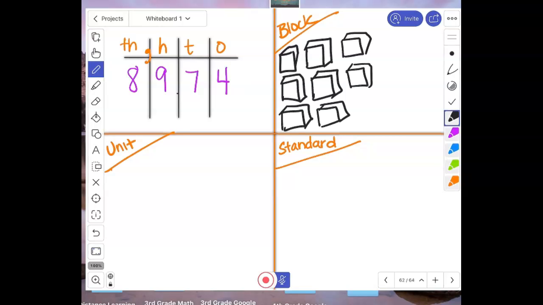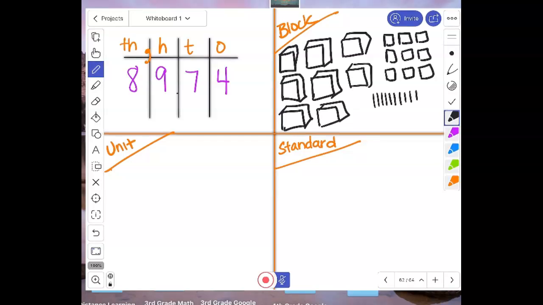Now I need 9 hundreds. 1, 2, 3, 4, 5, 6, 7, 8, 9. 7 tens. 1, 2, 3, 4, 5, 6, 7. And 4 ones. 1, 2, 3, 4. Do you see how they match? I've got 8 of these, 9 of these, 7 of these, 4 of these.